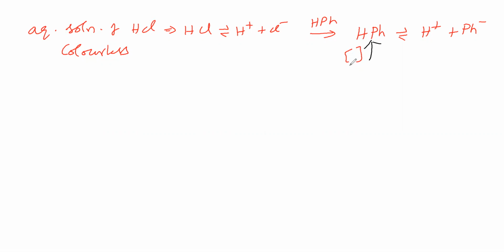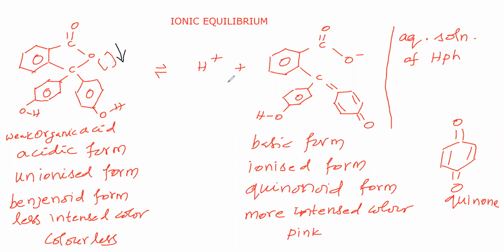Why? Because the aqueous solution of HCl gives H plus, a common ion. Therefore the concentration of H plus is raised, so the backward reaction is favored, meaning the unionized form concentration is rising.